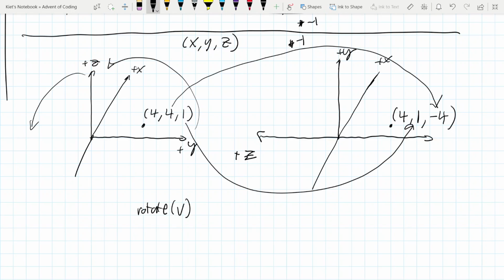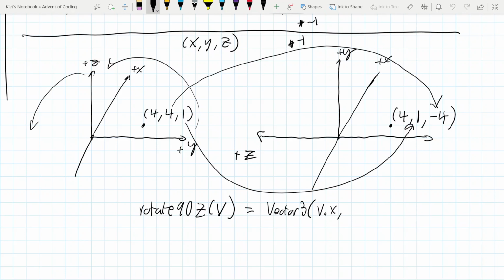So from here we can say, to rotate some kind of vector, actually, let me call this rotate 90z. So given a vector, the new vector, vector 3, is v dot x. So the x stays the same.